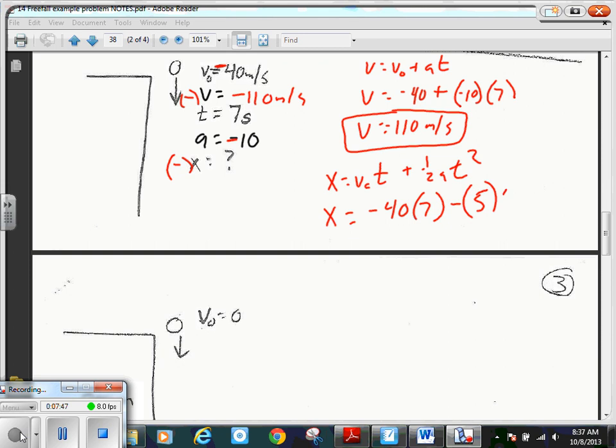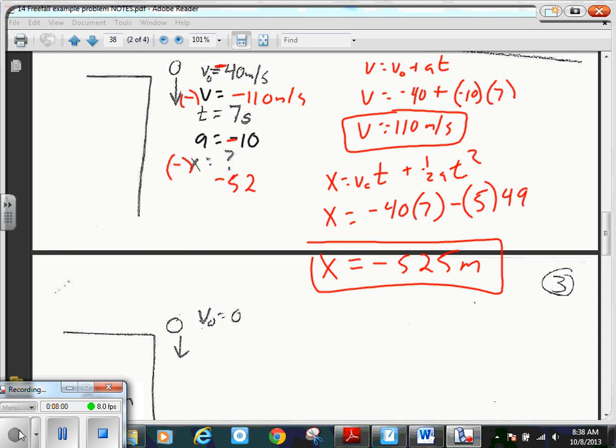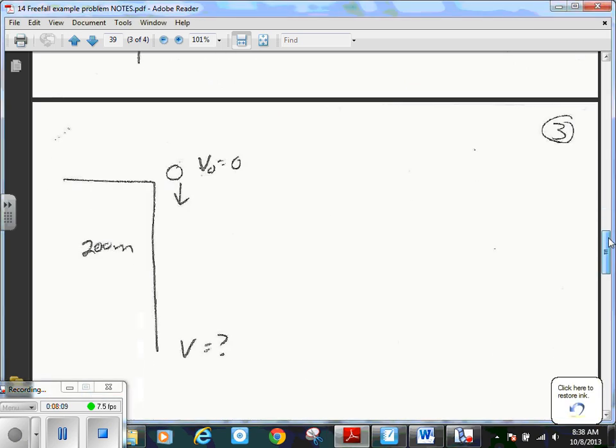Times 49. So our displacement in that case is going to be negative 525 meters, and that is the correct answer. Okay, so that one was easy. Let's go on to the next one then.